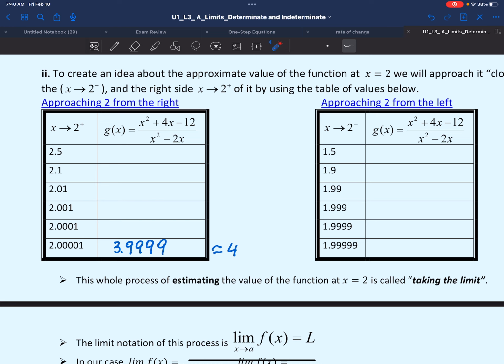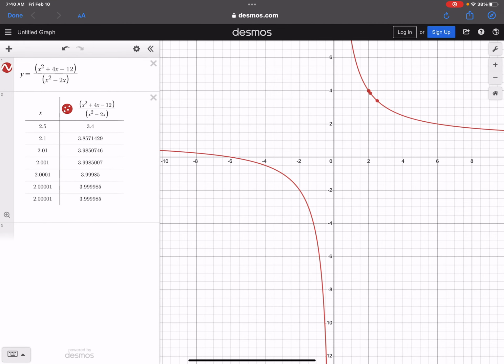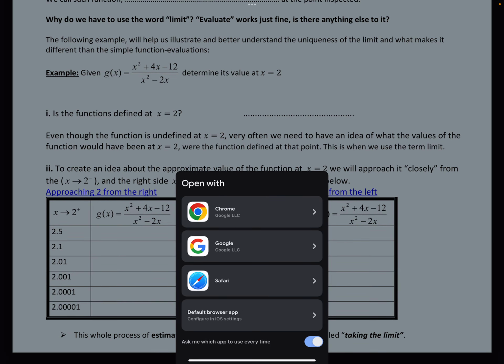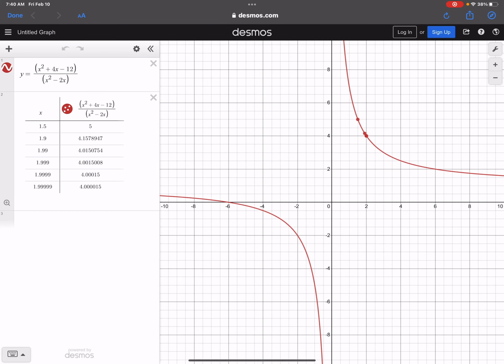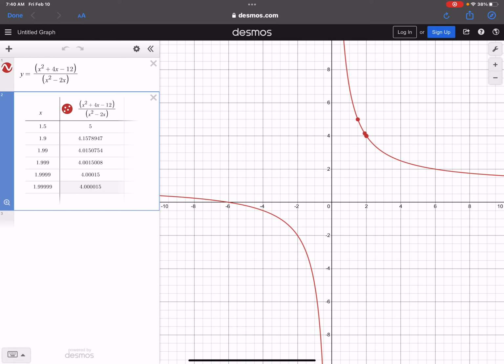Now, similarly, what we're going to do is approach x equals 2, this time from the left-hand side. From the left-hand side, it means that we're giving x the values 1.5, 1.9, and we're reaching even closer to 2 from the left-hand side, 1.999. And you see that the values of y are 4.0001.